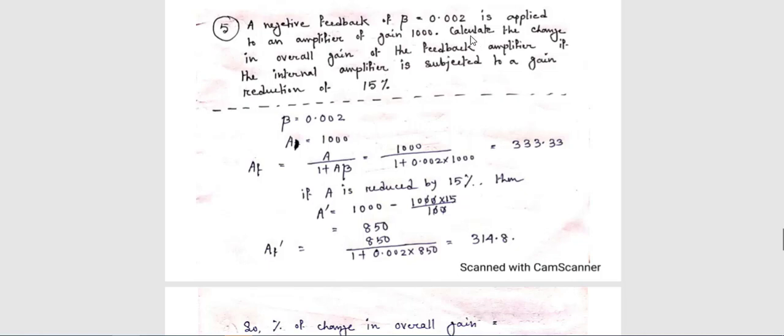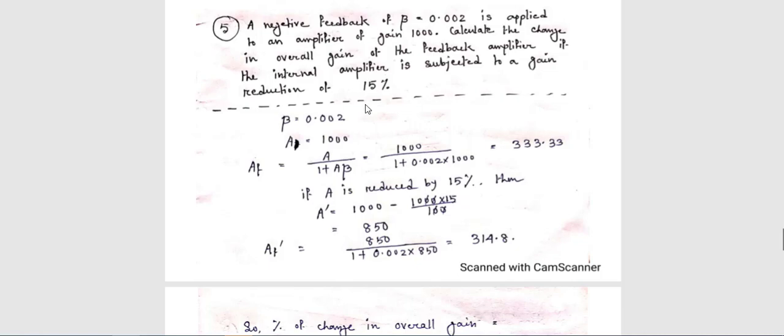You are asked to calculate the change in overall gain of the feedback amplifier. That means you have to calculate the overall gain of the feedback amplifier circuit. Now when beta is equal to this and A is equal to this, first calculate what the overall gain is. Just use this formula, your gain is 333.33.